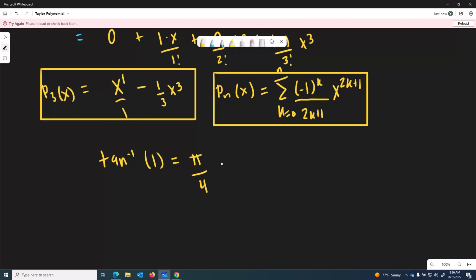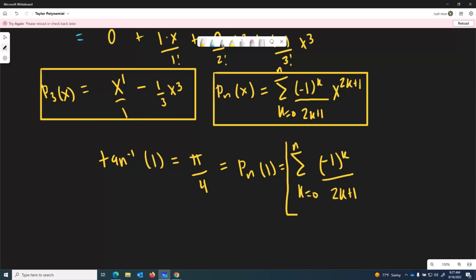Using the Taylor polynomial, pi over 4 would equal p sub n of 1, and that would equal the series summation from k equals 0 to, not infinity, I apologize, to n, of negative 1 to the k divided by 2k plus 1. Now you've learned at this point that this is a conditionally convergent series, but in either case, this is going to be your approximation for pi over 4 if we choose n to be whatever we want to estimate pi over 4.